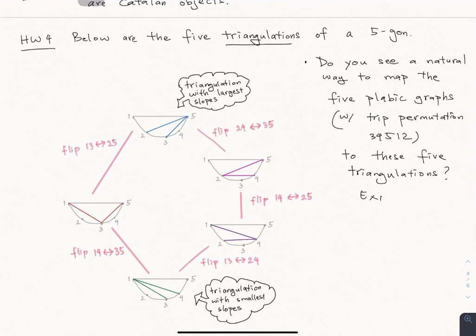So if you see it, explain what this map should be. And it should be a natural map so that it could be generalized for all n.